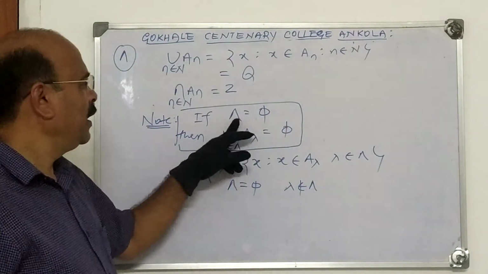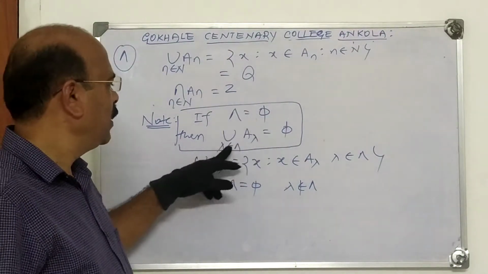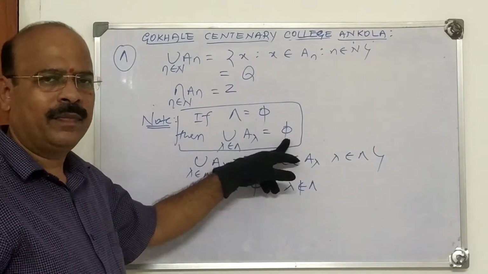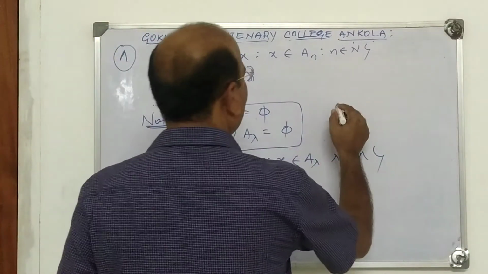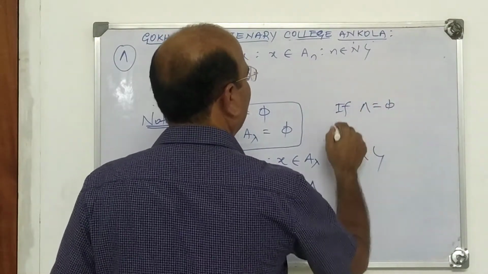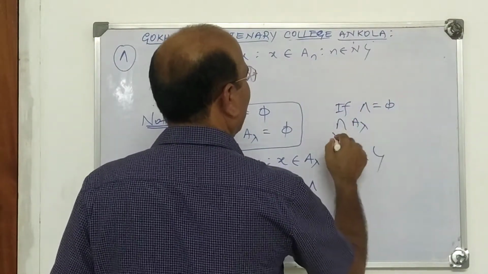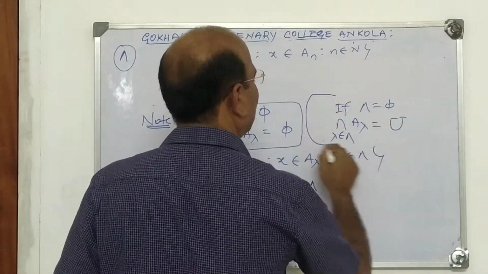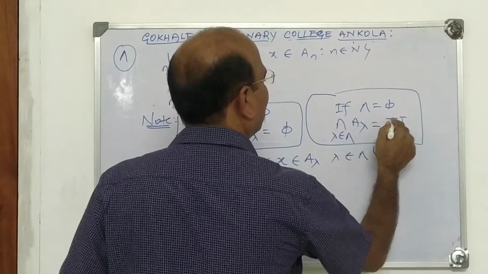If the index set is empty, the union of A lambda, lambda belongs to Lambda, is the empty set. However, if the index set is empty, the intersection of A lambda, lambda belongs to Lambda, is the universal set. This is important.